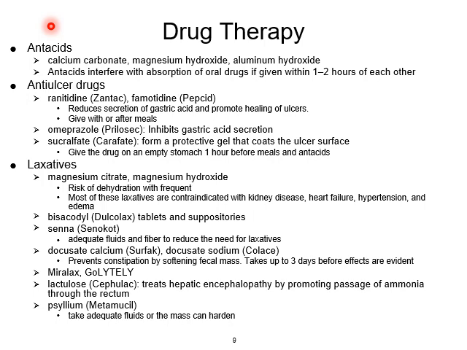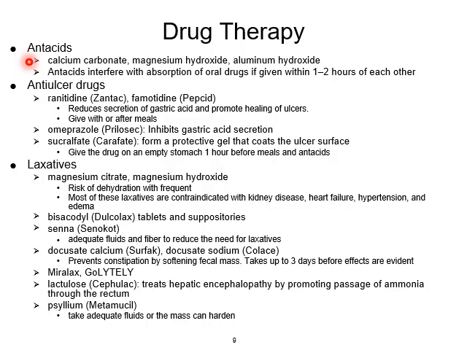These are the medications that we use for GI disorders or GI disease. First one's antacid, and this neutralizes the acid in the stomach, that hydrochloric acid. Medications are calcium carbonate, magnesium hydroxide, aluminum hydroxide.